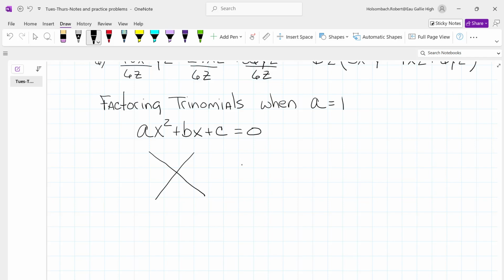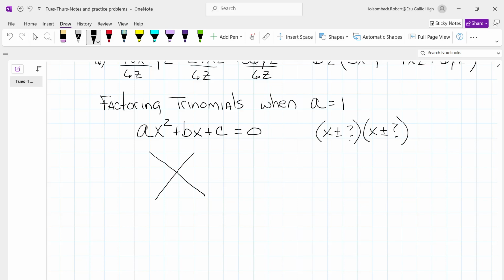And then what we're going to say is the factors are going to look like x plus or minus a number, times x plus or minus another number. And what we're looking for is these two numbers, okay? These are the factors of this trinomial. That's the format.